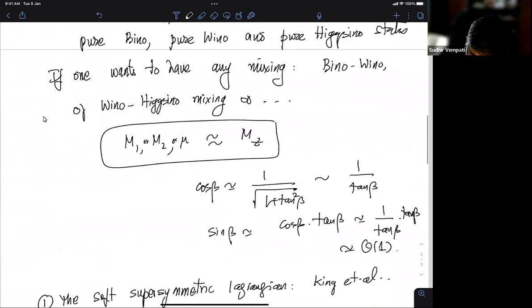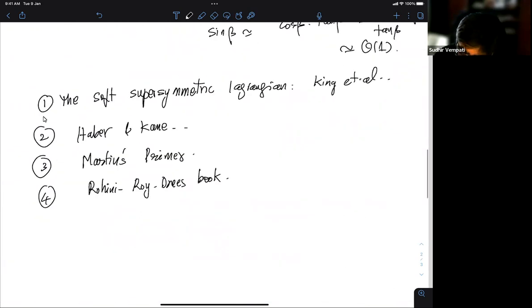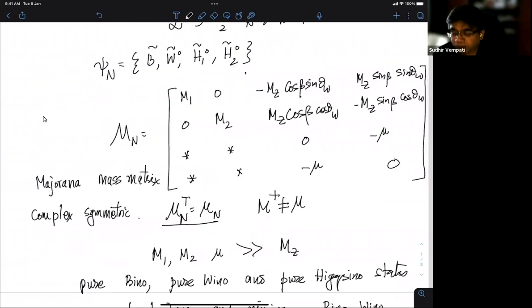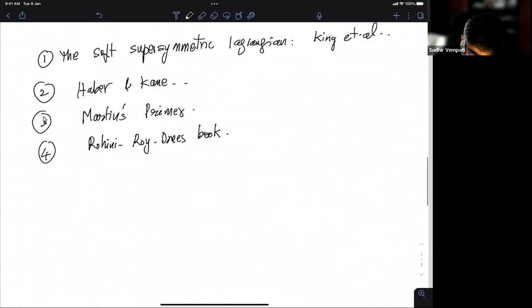I'm not saying you should not know how you derive these things; you should know. At the same time, you should have some standard reference so that you don't have to derive it again and again.